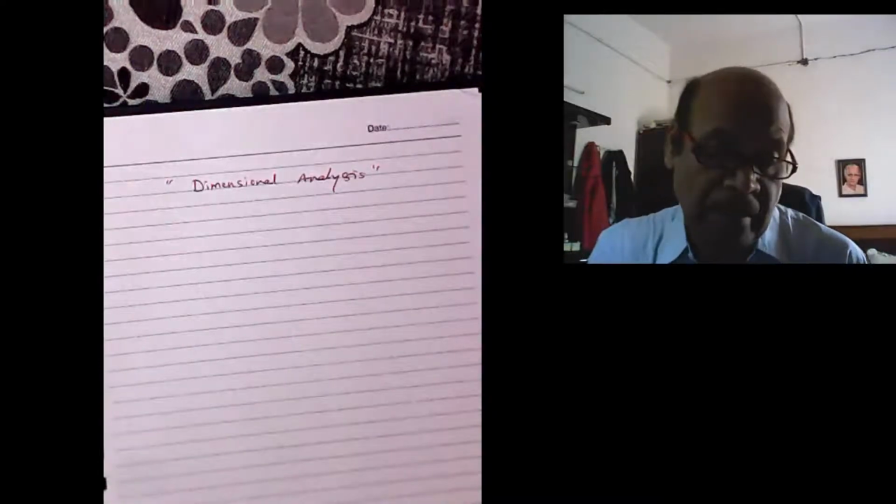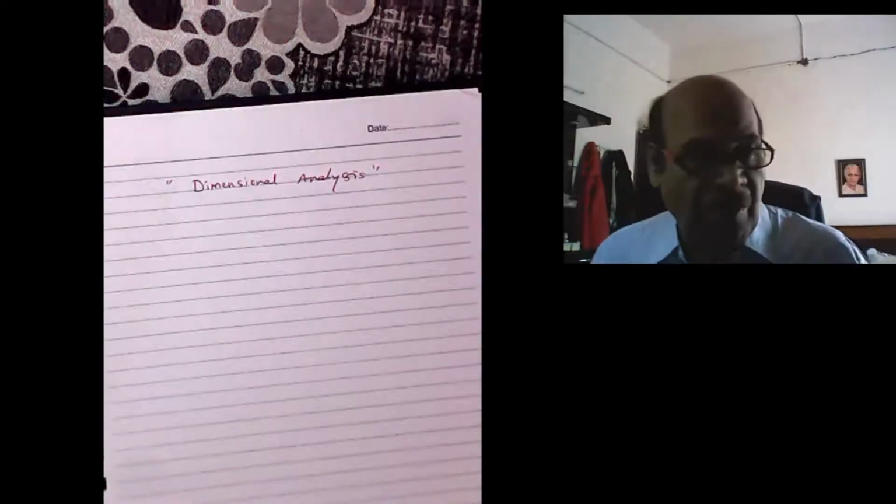Okay, so we move on immediately to doing the exercise on rearranging these parameters into non-dimensional groups. Okay, the problem is a numerical problem.